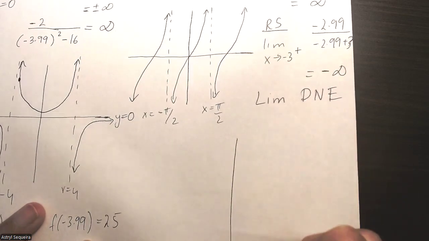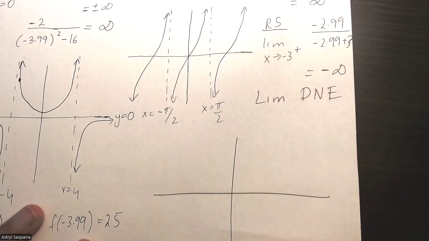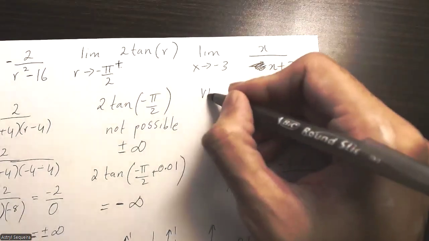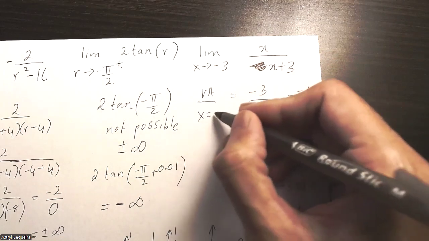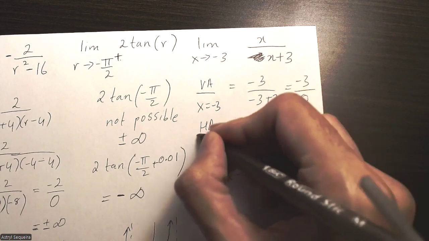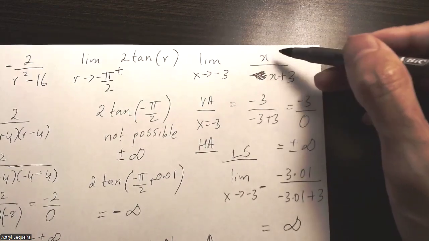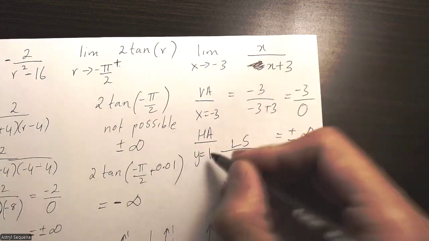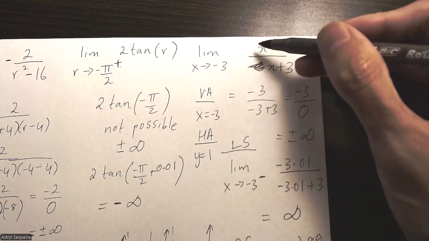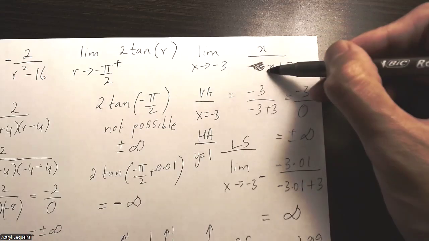Finally, let's plot a graph of this function. If you look at the original function over here, we have a vertical asymptote at x equals -3. That's the solution to the denominator. We have a horizontal asymptote at y equals 1, because the degree of the top is the same as the degree of the bottom, which means I'm dividing coefficients.